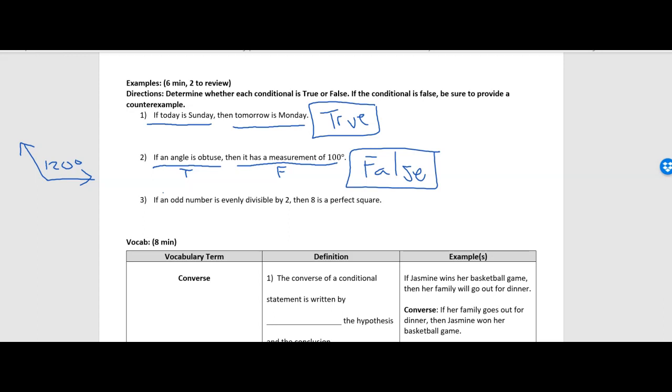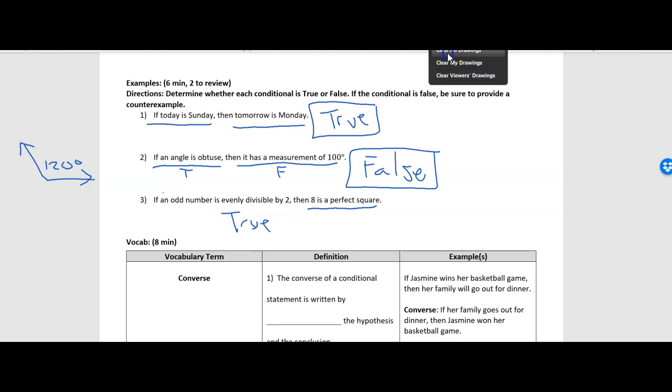So our hypothesis right away is false. And if our hypothesis is false, remember, it doesn't matter what our conclusion says, right? Our conclusion is also false. 8 is not a perfect square, but it doesn't matter because our hypothesis was false. So this entire conditional is true.